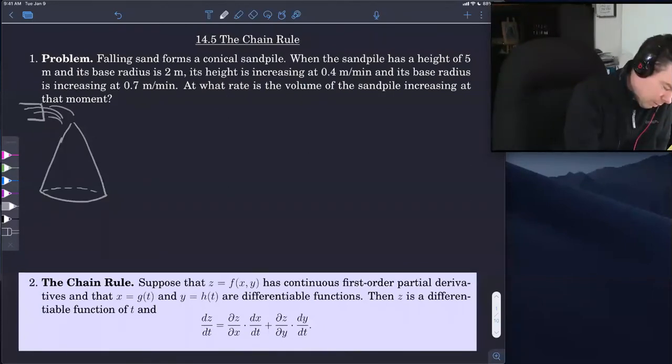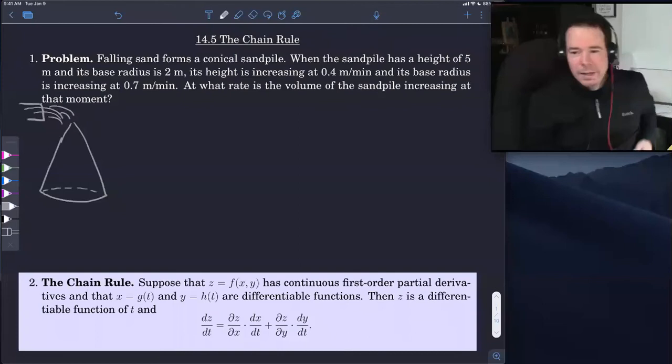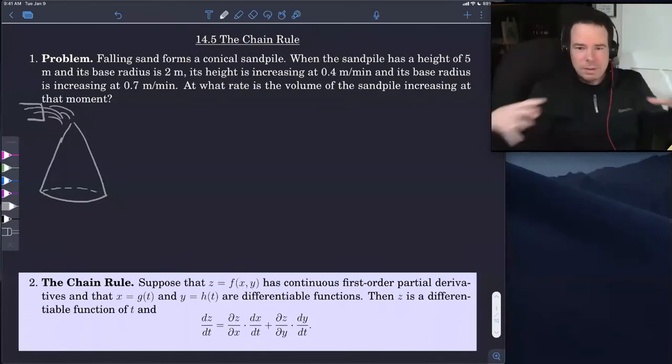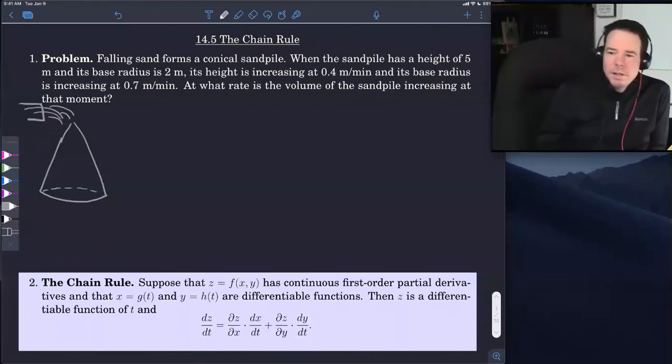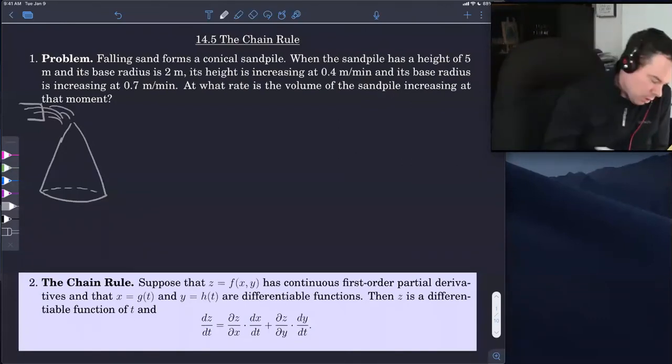We've got sand being fired on top of a pile. As it lands on the pile, it sort of rolls down the side. The base gets bigger and bigger, but so does the height as it builds up. And we'd like to know how the volume is changing, given that we know how the radius and the height are both changing. So that's our goal.